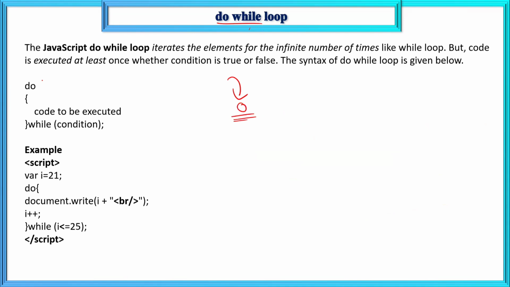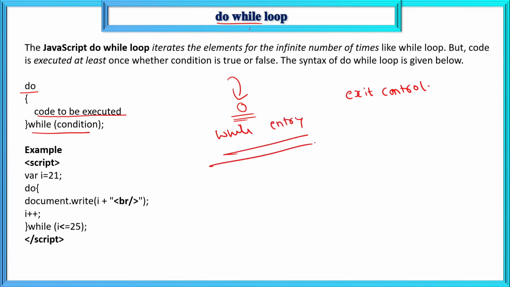But coming to do while, first the code is executed, followed by checking the condition. So do while is called an exit control loop, whereas while is called an entry control loop. Exit control loop means first the code is executed.